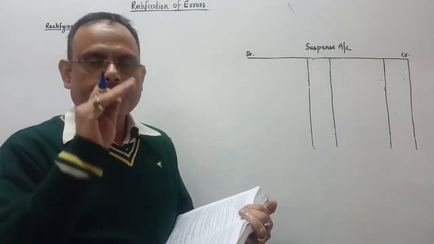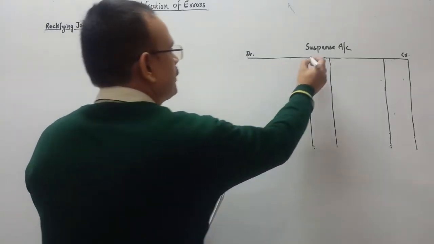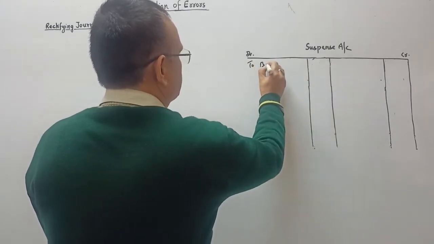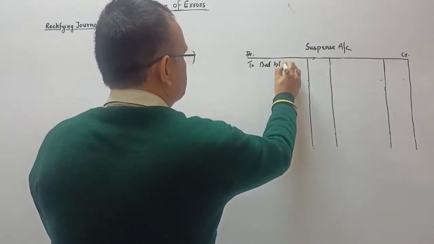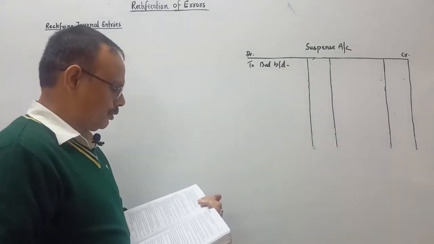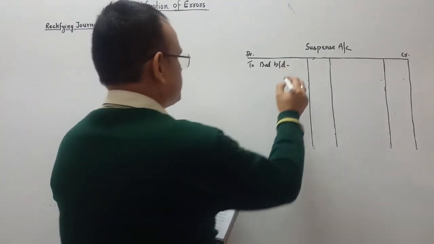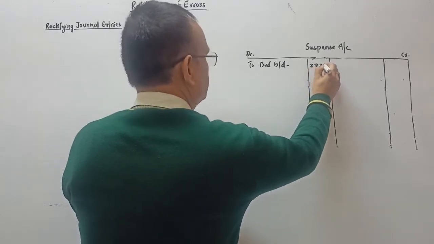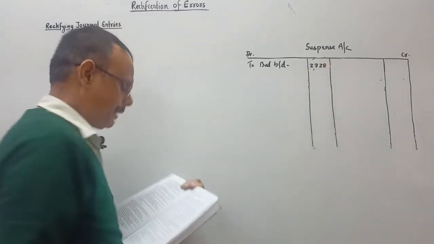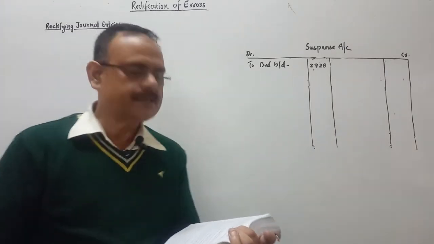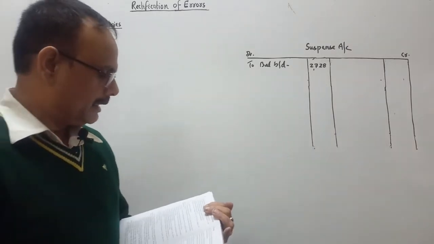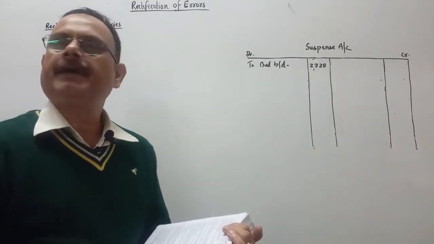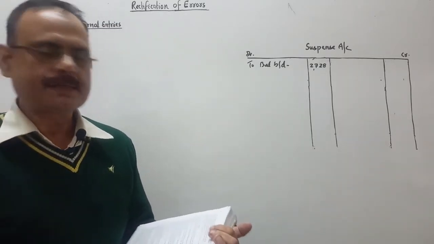Debit side. It means the suspense account has a debit balance. So you write here, first, to balance brought down, 2728, which was placed in a suspense account. Later on, the following errors were located. Pass rectifying journal entries and prepare the suspense account.